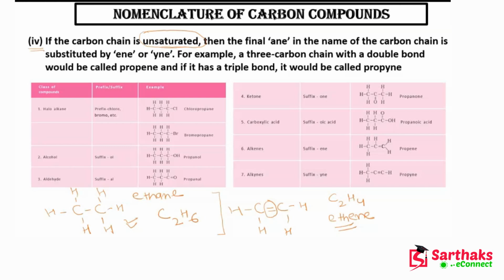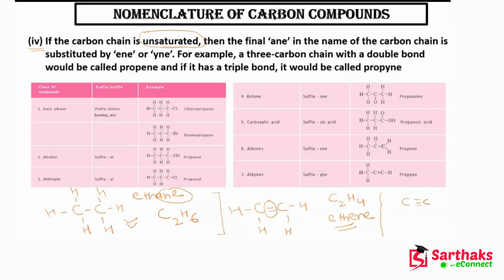Why? Because of the presence of this double bond, I have removed this "-ane", and in its place I have added "-ene". I replaced this "-ane" with "-ene", so that's why it has become ethene. Similarly, let us take another example.